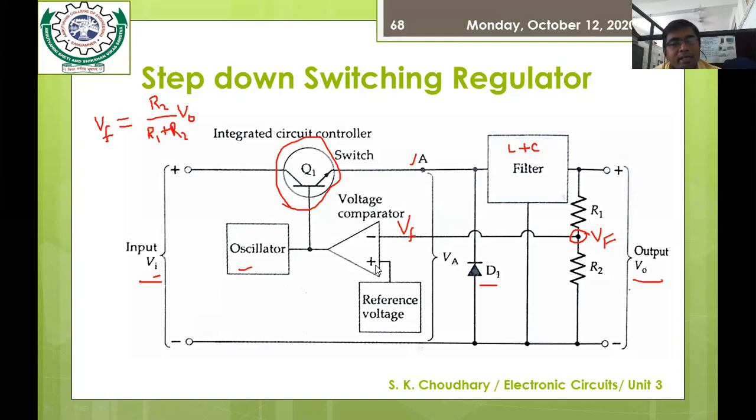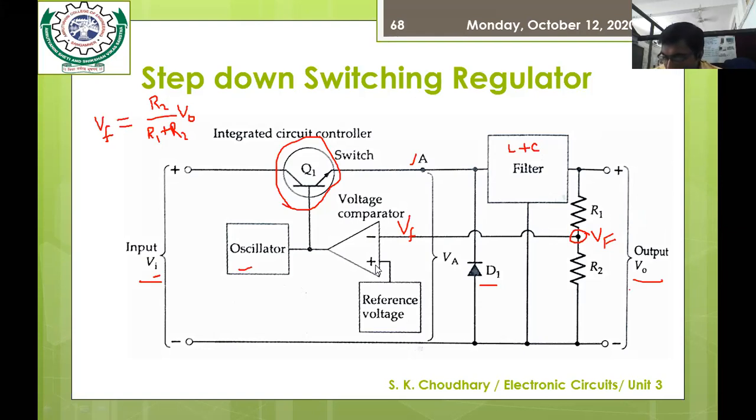At the emitter terminal, the output terminal, because it is acting in the saturation region, there would be a high frequency switching output, and this would be a rectangular waveform, that is on-off mode, depending upon the switching frequency of the PWM circuit. So it would actually control the on-off time of the transistor output.